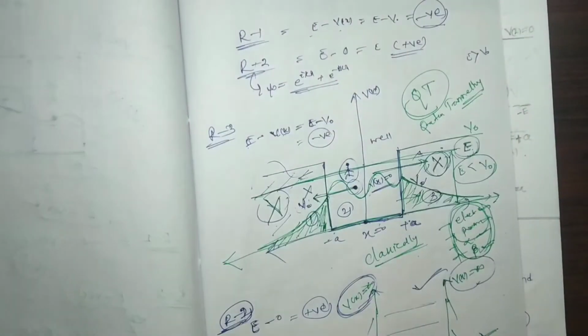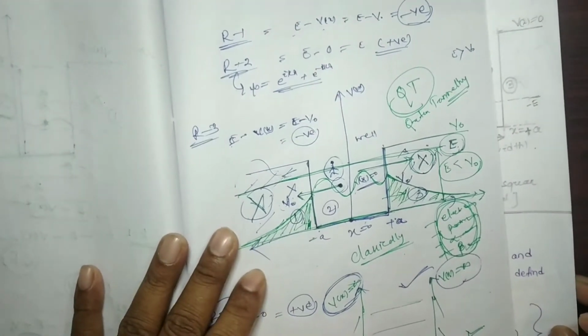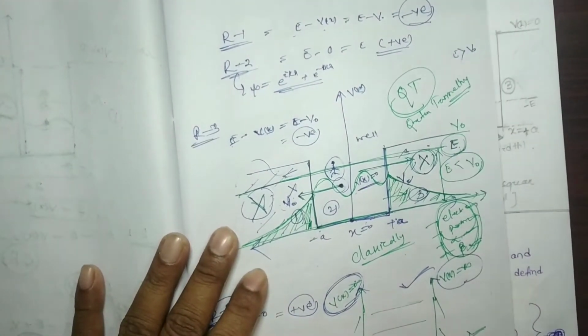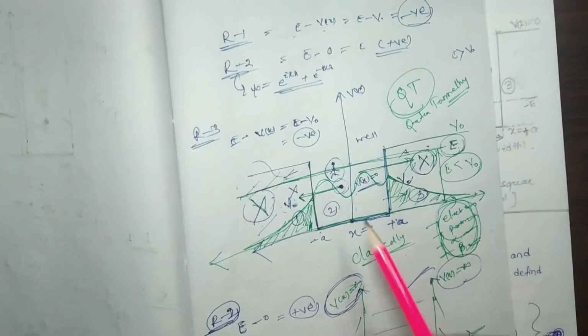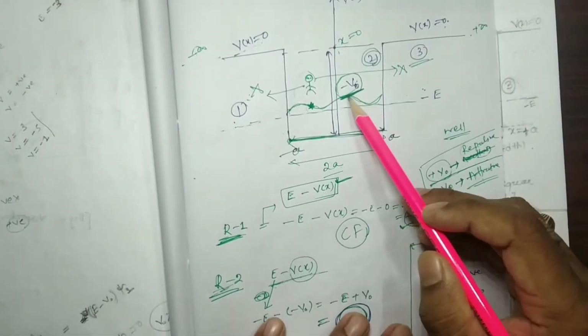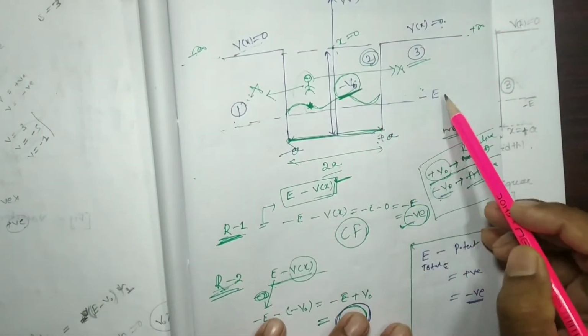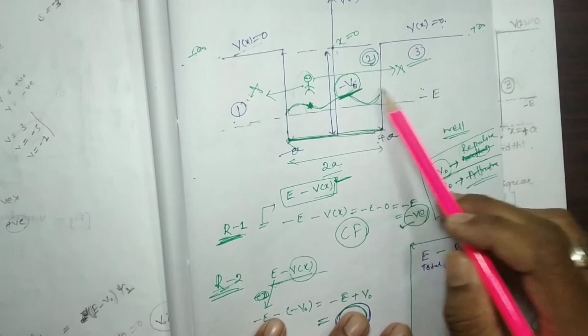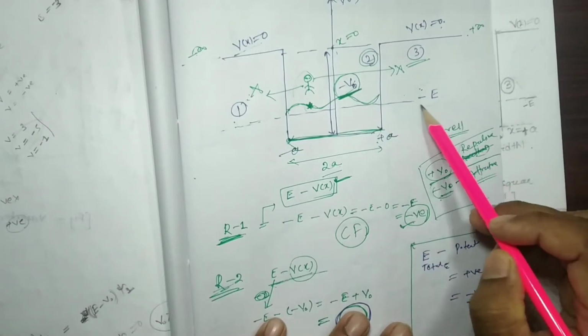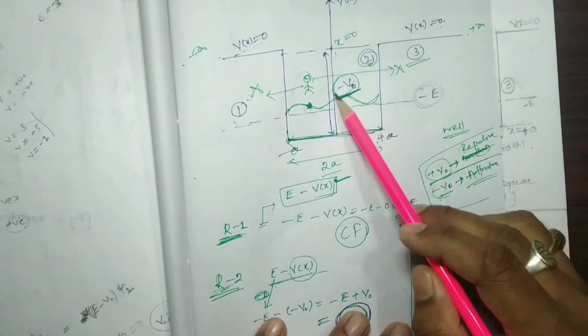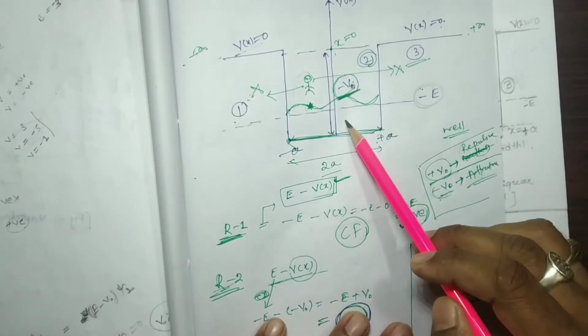Again we consider another problem. Here you can see that potential and energy both are negative, but the total energy is greater than the potential in this region.